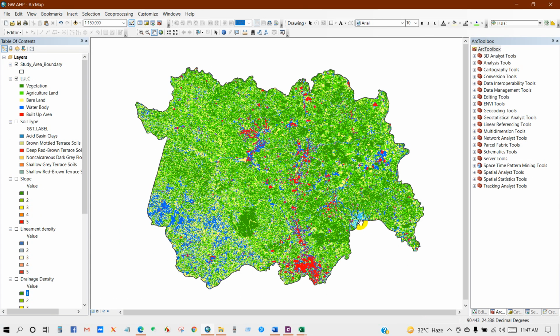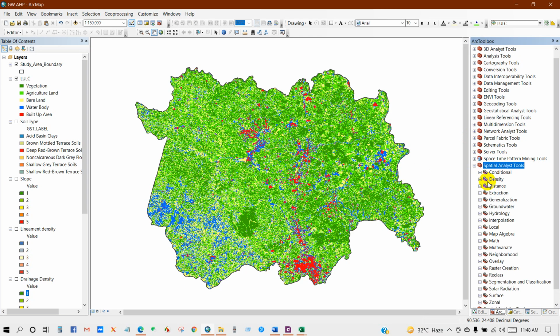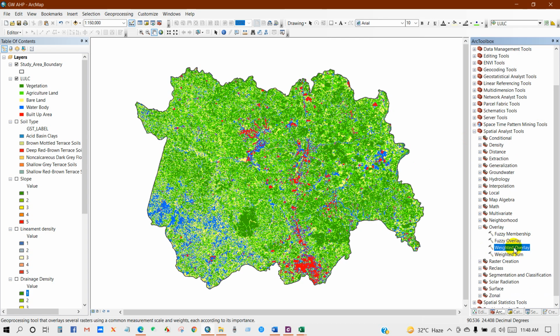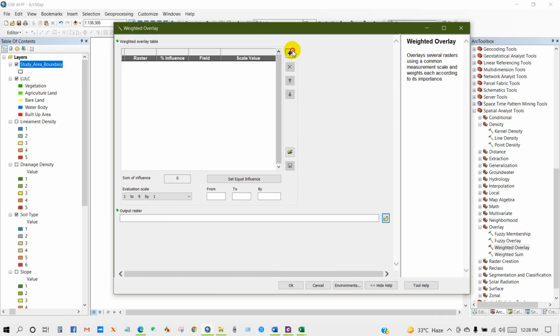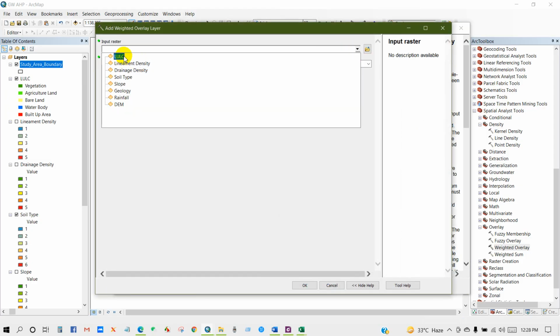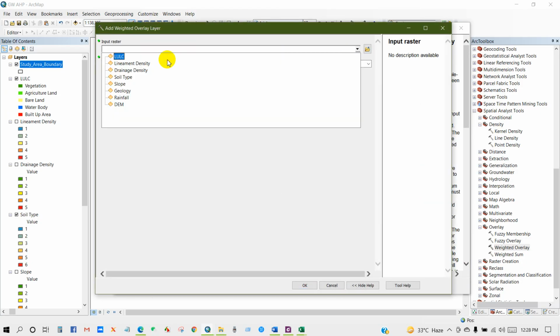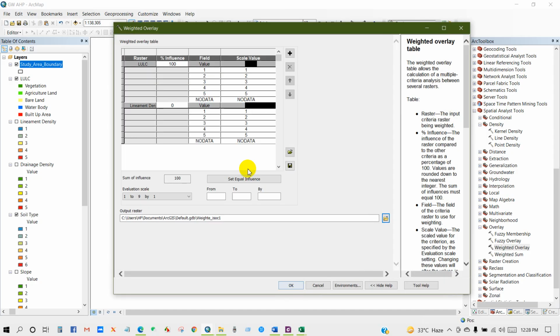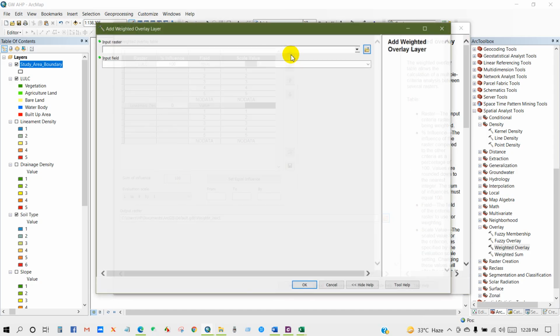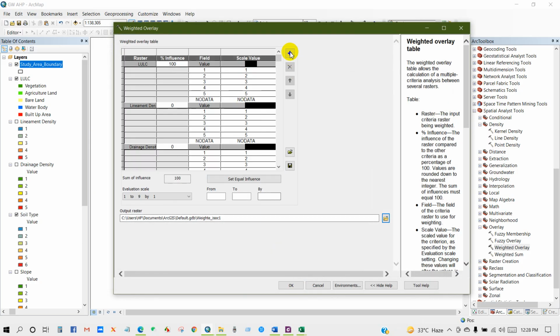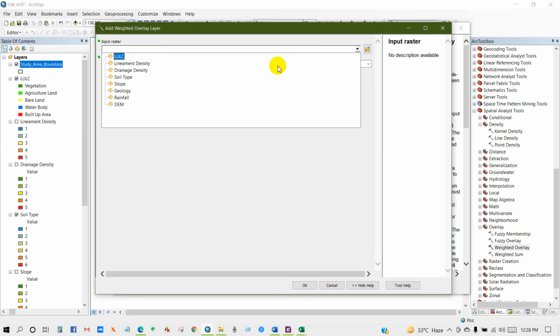Now I will add these factors in the weighted overlay method. So for that, go to our toolbox and then Spatial Analyst tools and then Overlay and then Weighted Overlay. So here you can see the weighted overlay tool. Now I will add one by one. First I have added LULC, then I will add lineament density, drainage density, soil type.